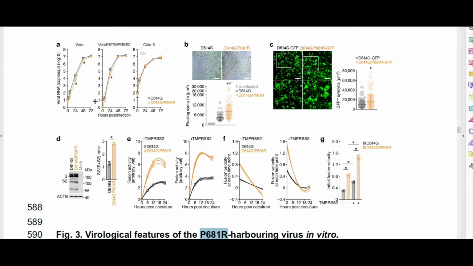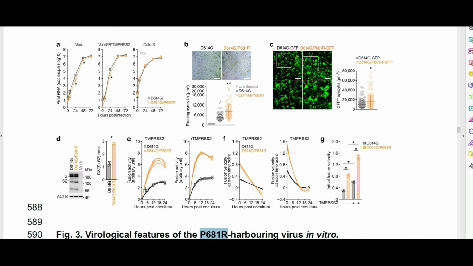So they're comparing it to that, and we see the infectivity of these cells based on how much viral genome is inside the cells at 24, 48, and 72 hours after infection. Once again, we see that we get more of these syncytia here when we add this P681R, this proline to arginine mutation onto here.